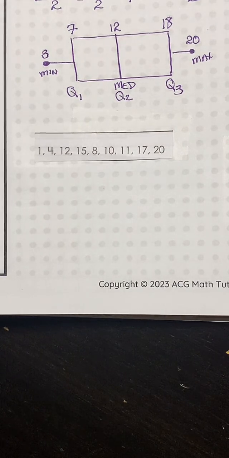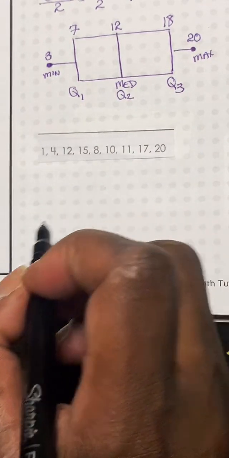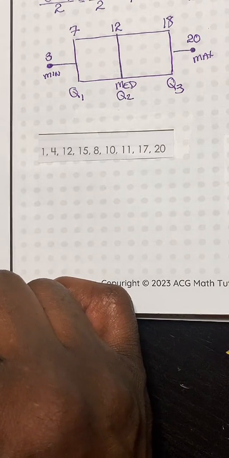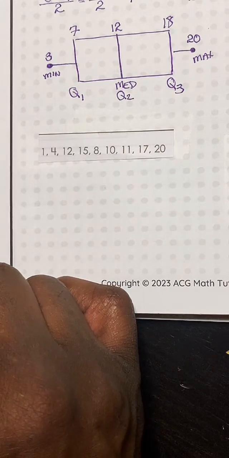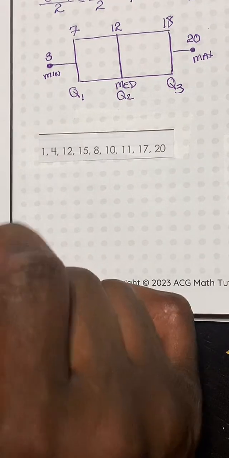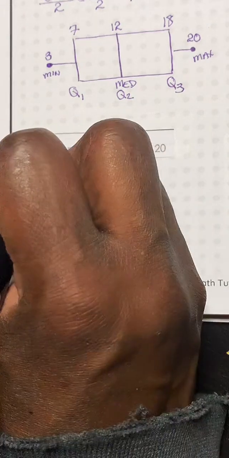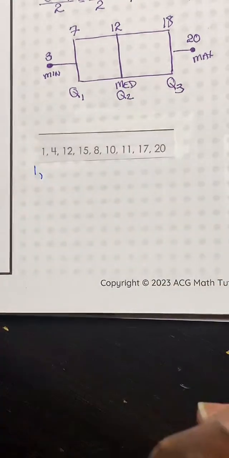Good. All right. So first thing, rewrite it lowest to highest first, and that is the right thing you do. So looks like the first number we have is a 1. Then we have 4.